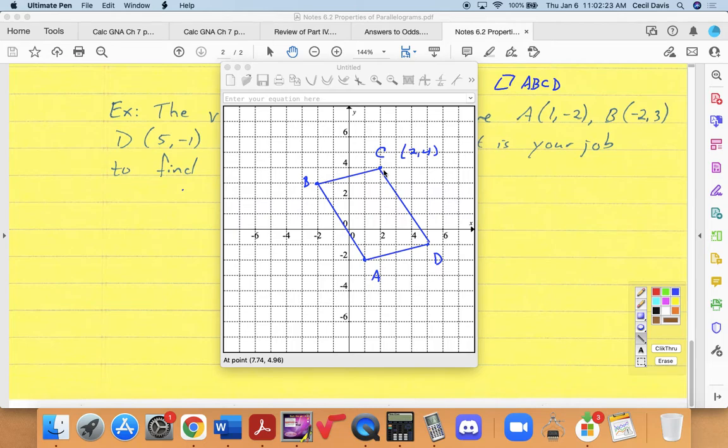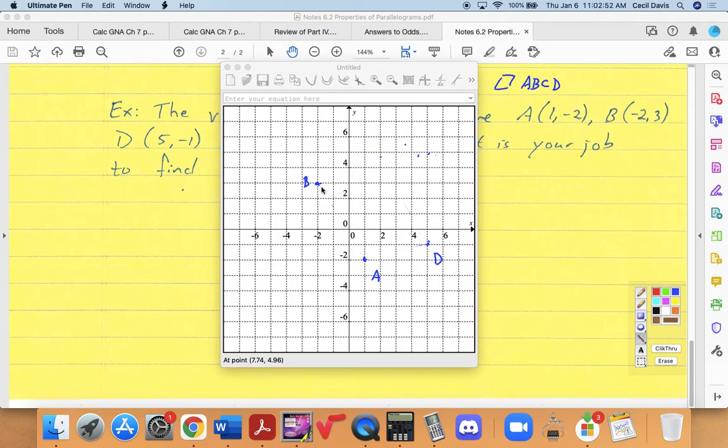Okay? Now, the problem is, if you don't pay close attention to the lettering, here's what can happen. Don't worry about trying to copy this down or anything. If you just have these 3 points, you can make a completely different parallelogram out of those 3. I'm going to do it in red to show you that it's wrong.